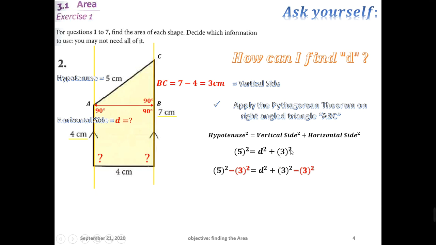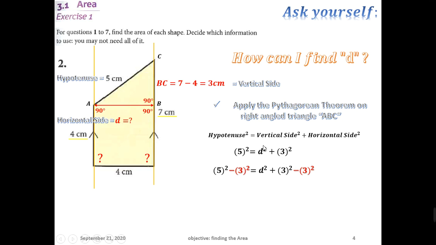So to get rid of it, since we are solving for D, to get rid of 3 to the power of 2, you're going to subtract. Why? Because the operation here between the unknown, which is D squared, plus 3 to the power of 2, the operation is adding. So we solve for D by applying opposite operation.